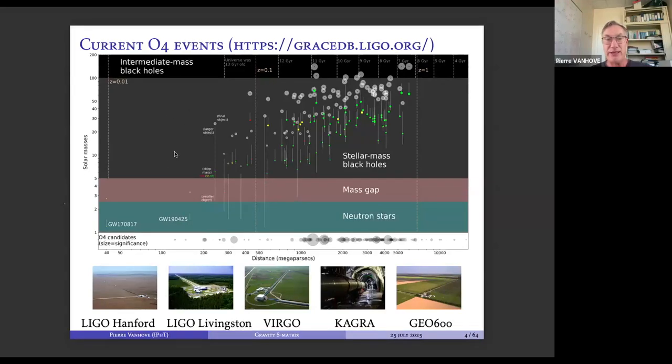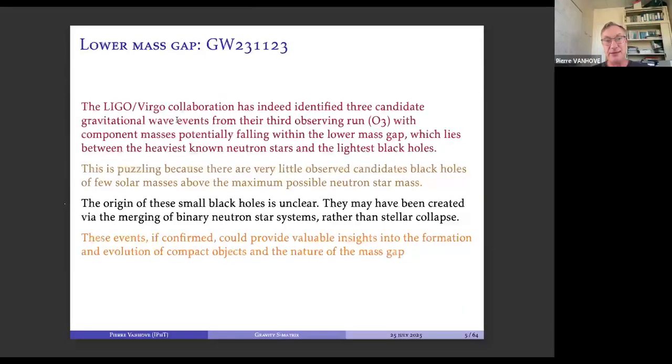Normally there is the standard theory of how these black holes are formed in the universe, and a lot of the events fit what we already understand about the population of black holes. Except that recently, there is an event from the 23rd of November 2023.